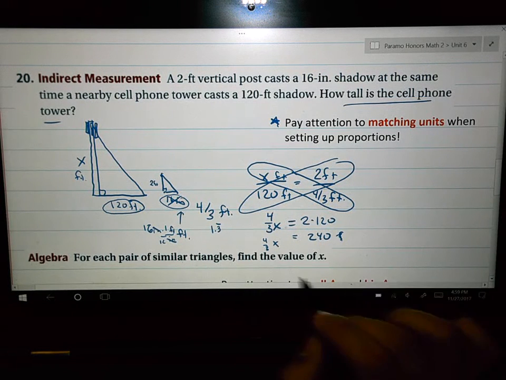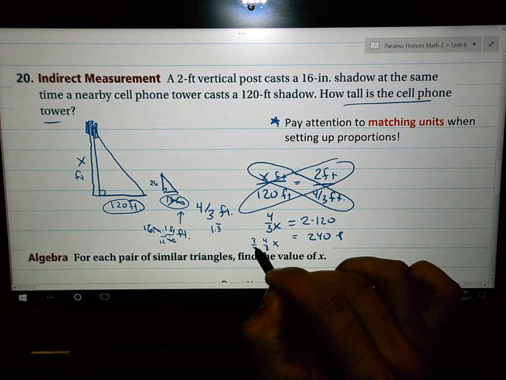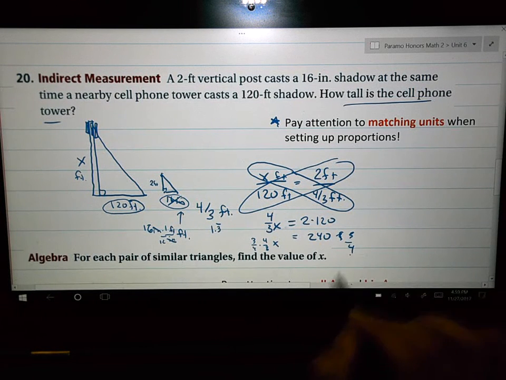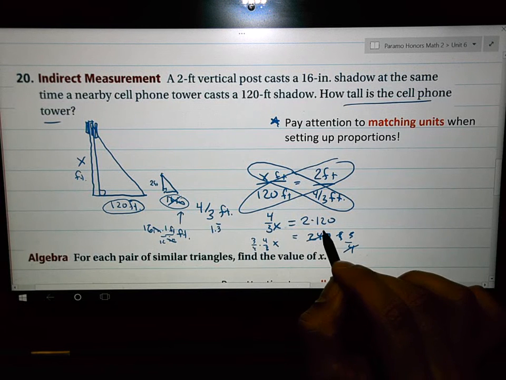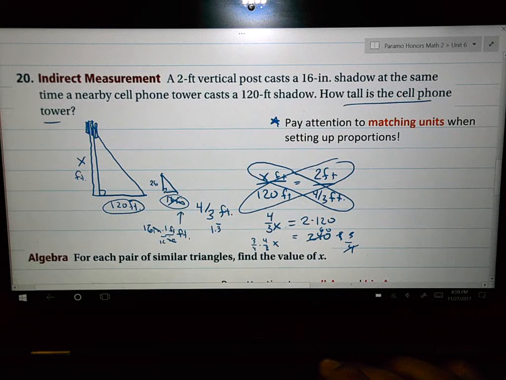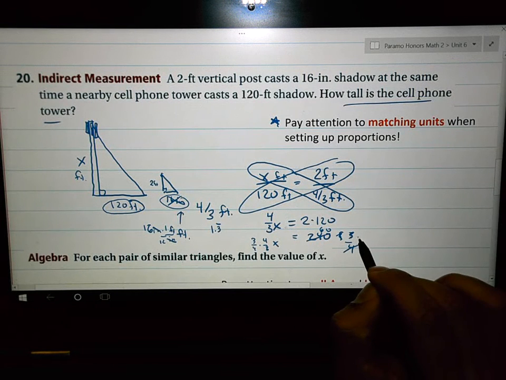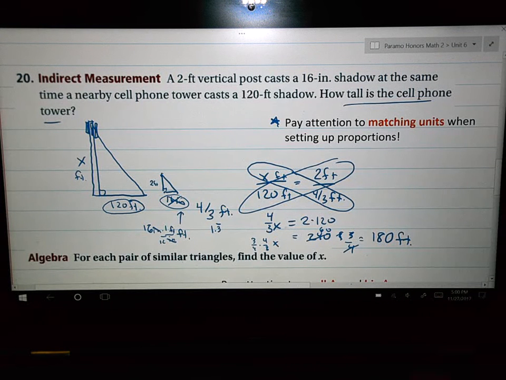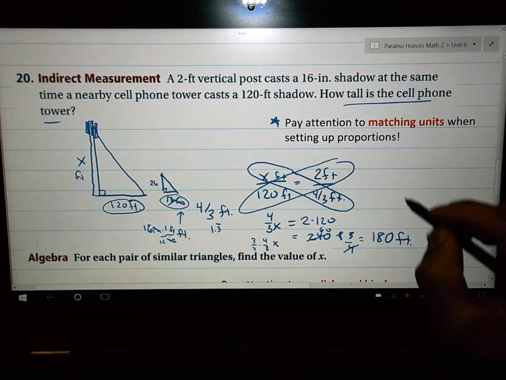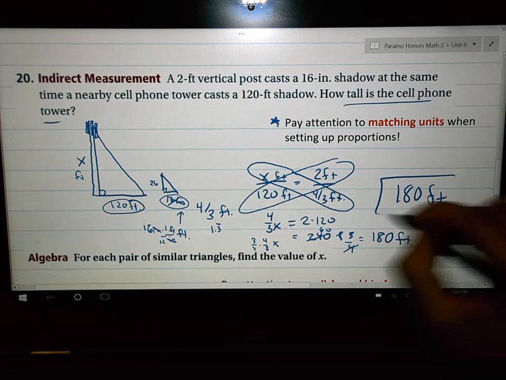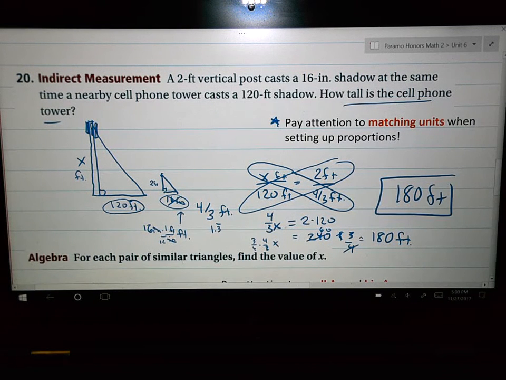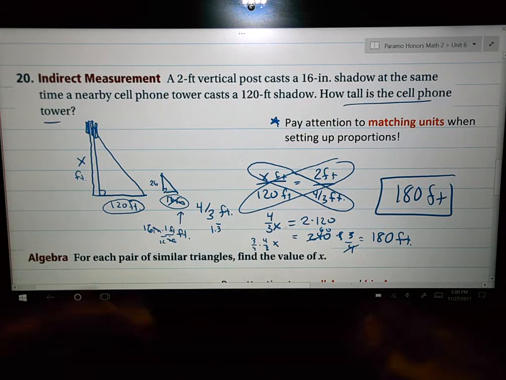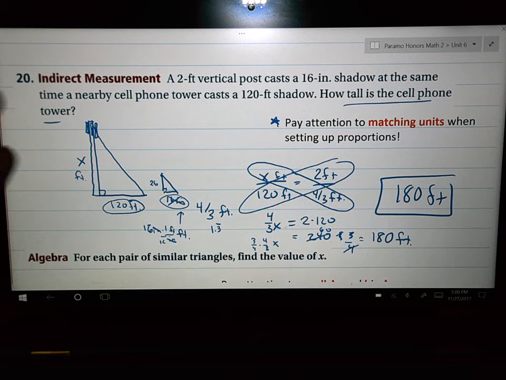What I do after that is I multiply by its reciprocal, 3/4. 4 goes into 240 60 times. 60 times the 3 is 180 feet. How tall is the cell phone tower? 180 feet. There's my answer. I'm hoping that shows you exactly how we can figure those things out based off of something that we can measure very easily.